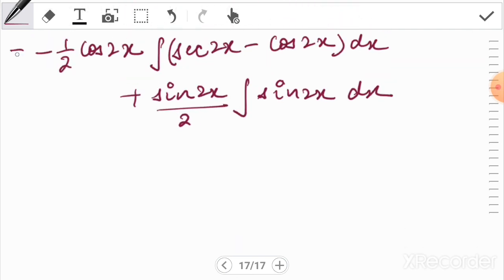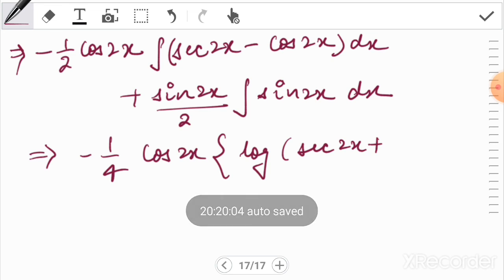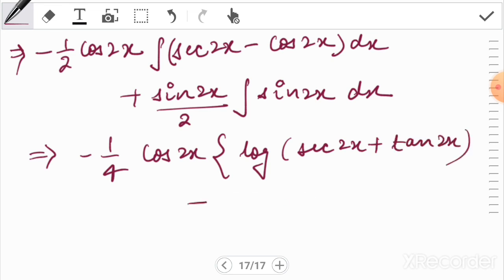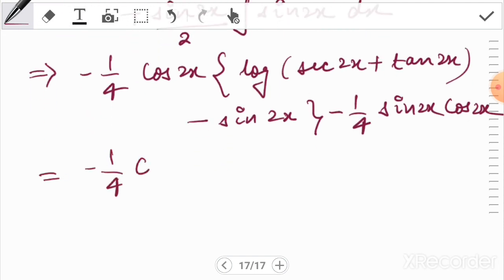Again simplifying, we will get minus 1 by 4 cos 2x log of sec 2x plus tan 2x minus sin 2x, and minus 1 by 4 sin 2x cos 2x. Minus 1 by 4 cos 2x log of sec 2x plus tan 2x.